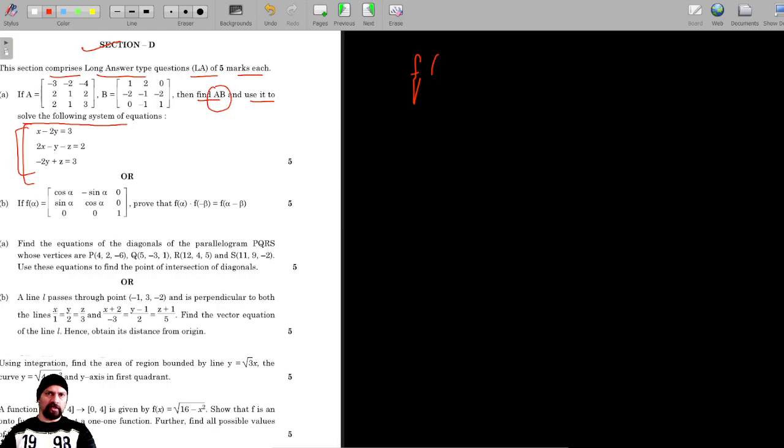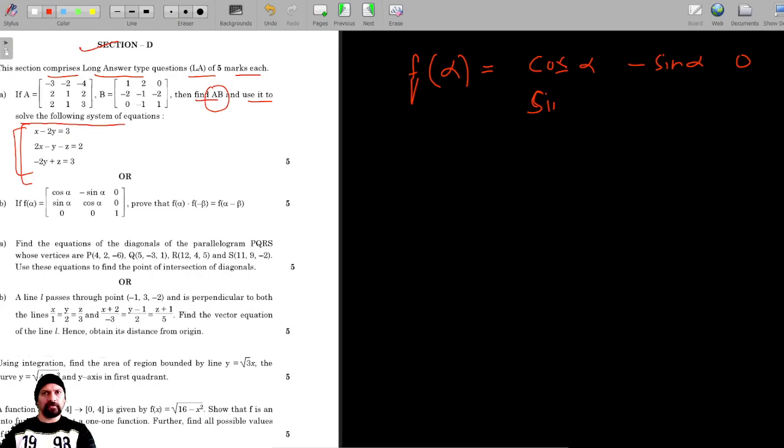So it's given that f alpha is equal to cos alpha, -sin alpha, 0 and 0. So this is sin alpha, cos alpha, 0 and 0, 0, 1.